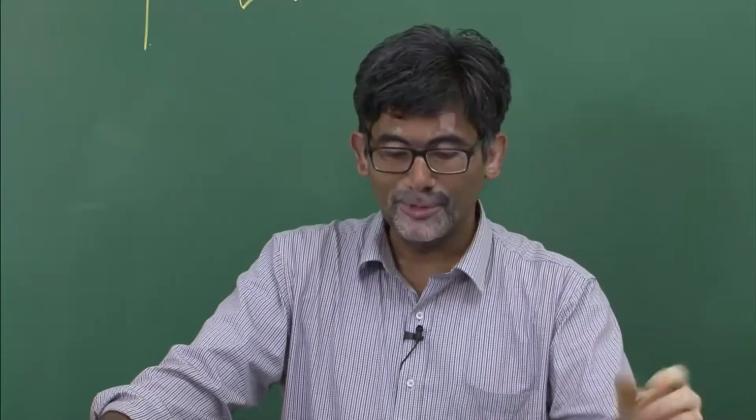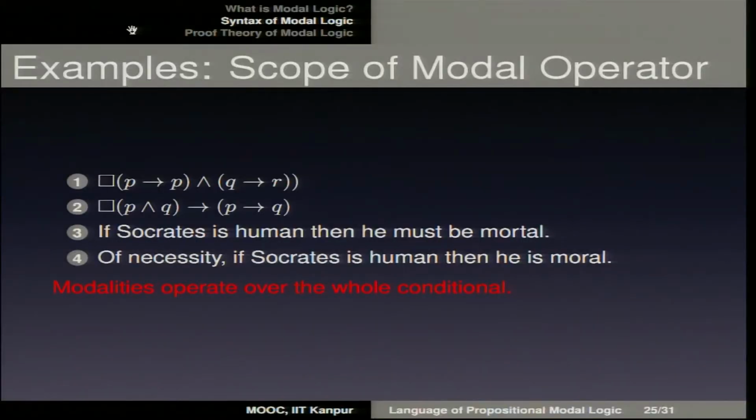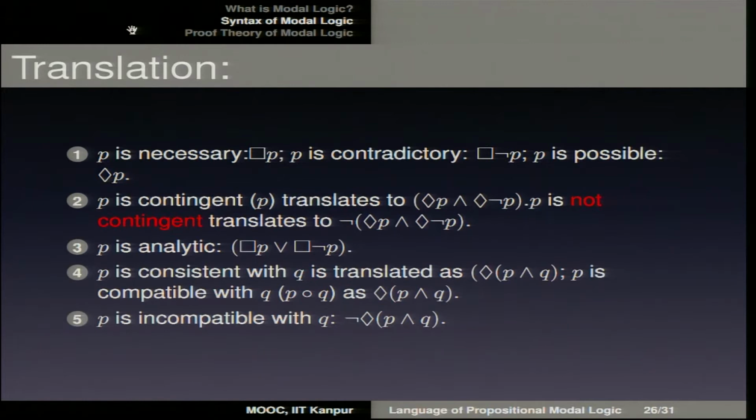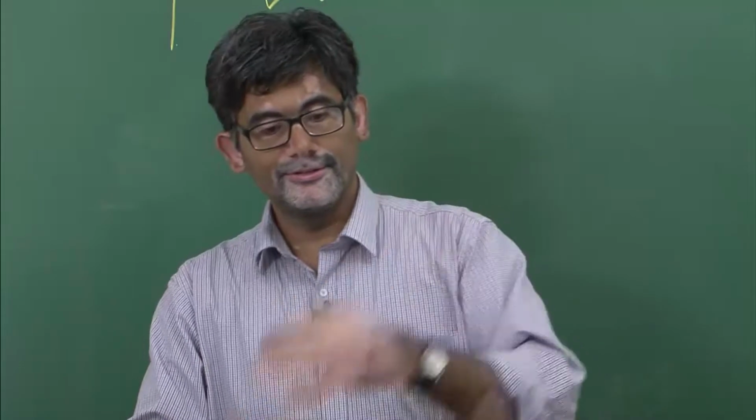So the modalities operate over the whole conditional rather than the part of the conditional. Now there are some other kinds of things which we will come across while translating English sentences appropriately into the language of modal logic.